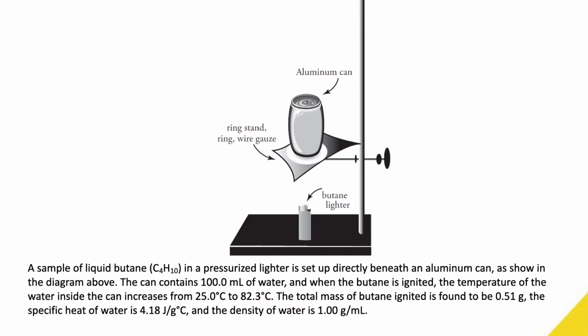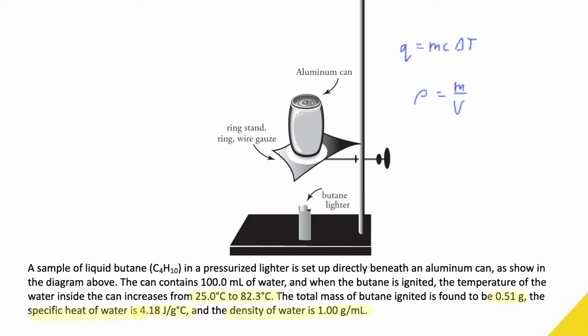Typically I like to highlight some of the salient features that they give me. These are the constants that they give me, and this is the density of water. So this looks like a heat transfer problem, and the equation I will need is Q equals mc delta T. They give me density as well, so I know density equals mass over volume.